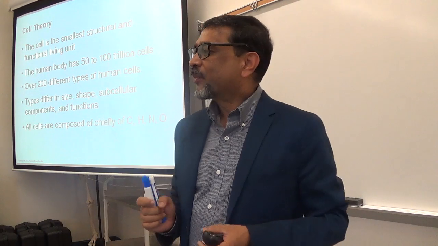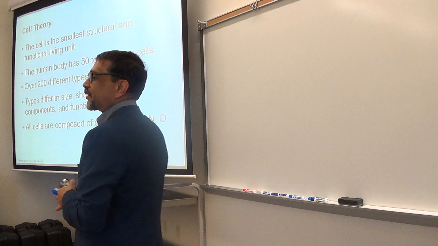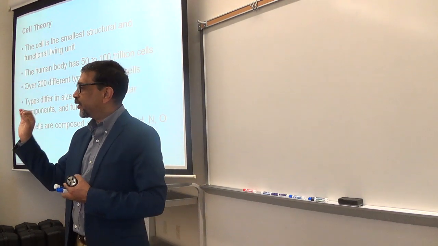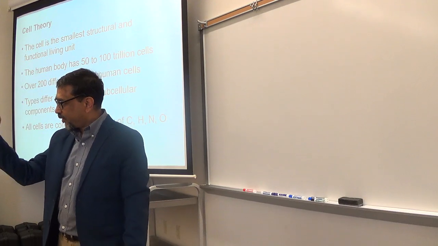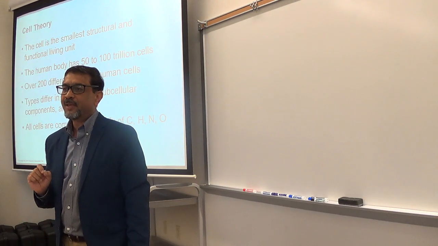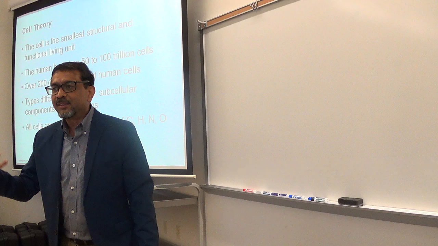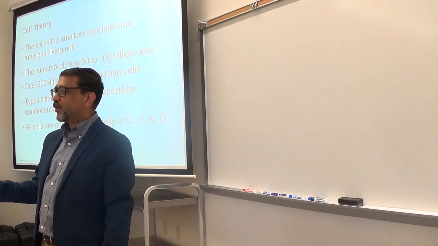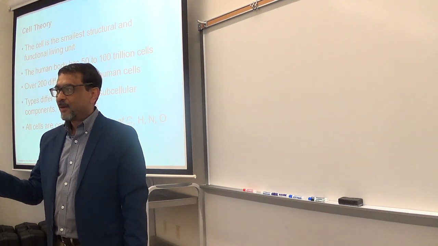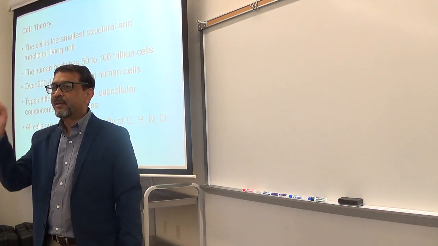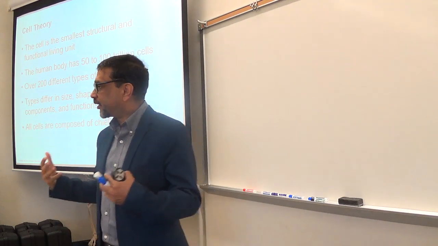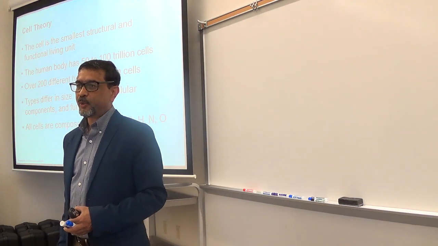So why do we say cell is the smallest structural and functional unit? Because it is the smallest part of the body that can function individually. Example, you know, amoeba, bacteria, those are single cell microorganisms, right? They can function and survive individually.